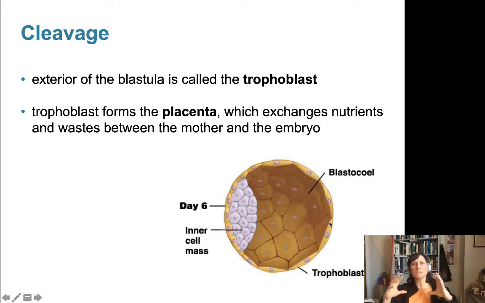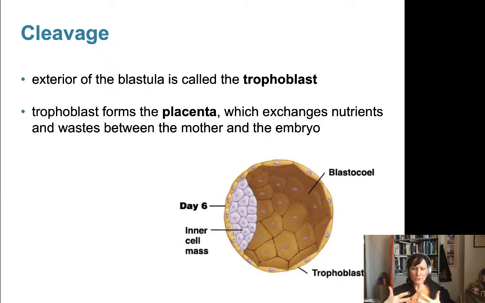And the placenta is what's going to form a very important structure that is going to implant. It's going to develop at the point of implantation, so where the zygote is actually going to implant in the uterus.